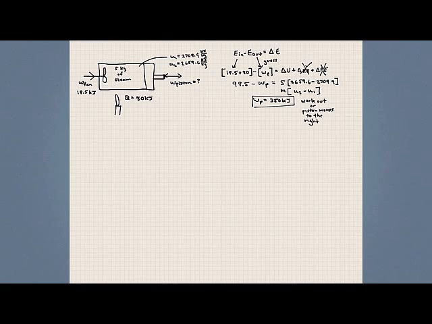I'd like to solve this problem one more time using the more conventional means that we'll be solving our problems, and that's using the more conventional way of writing the first law of thermodynamics. So the way we're going to be typically doing it is writing the first law of thermodynamics like this.